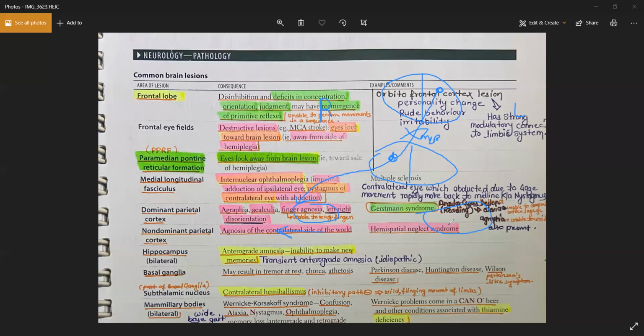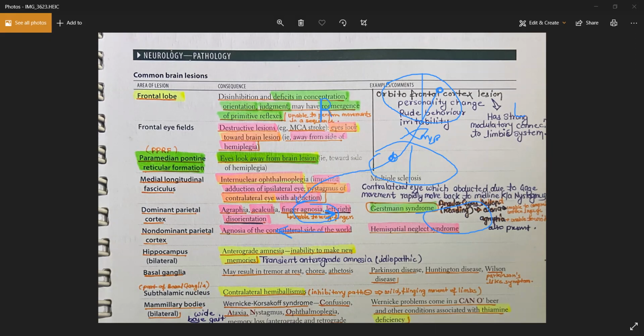Now, as soon as your brain detects it, the brain will try to resolve this, right? And in doing so, you will see the nystagmus of this eye towards the opposite eye. So you will get the nystagmus of the contralateral eye with the abduction. Whenever you want a gaze, the abduction of this right eye happens.